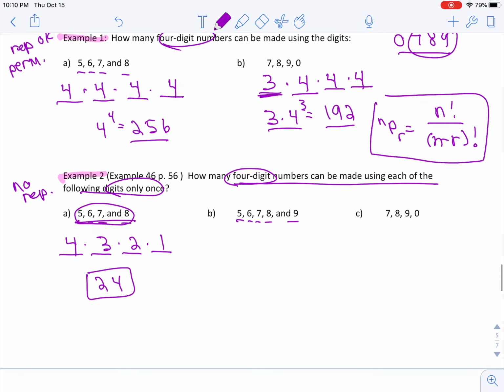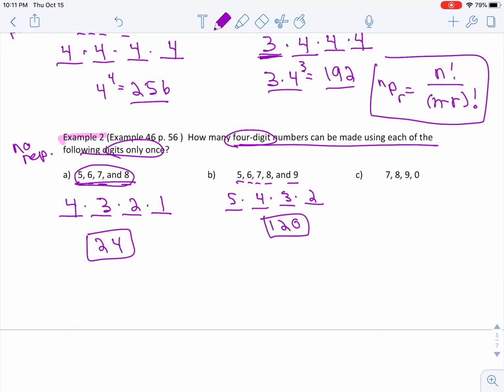I want to think about this problem a couple different ways. One is, I'm making a 4-digit number, so I have 5 choices here, 4 choices here, 3 choices here, 2 choices here. If we multiply those together, 20 times 3 is 60, times 2 is 120 choices altogether. But I want you to see that this formula could have also worked. We could think of this as the permutation of 5 objects taken 4 at a time.